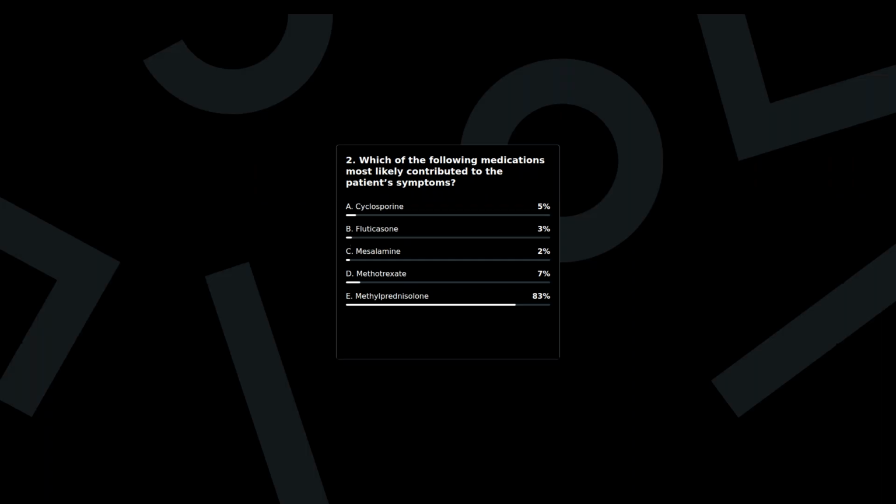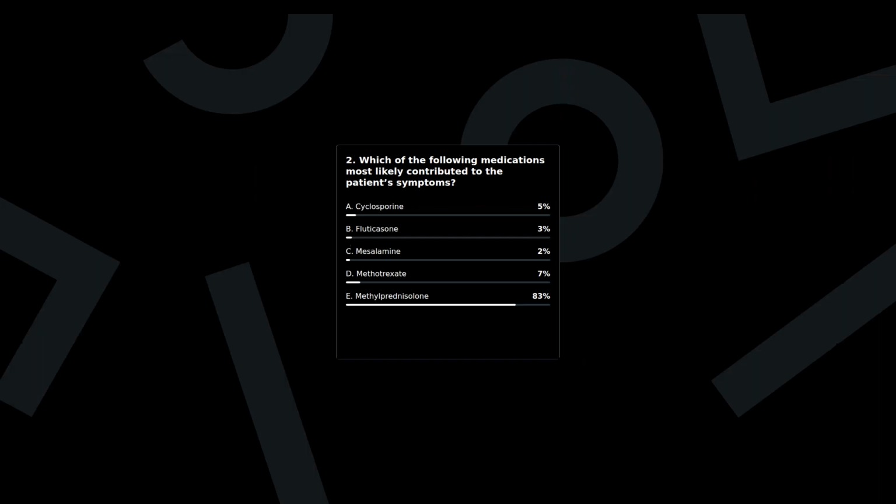Okay, so I might be overestimating this, but I'm not sure if we've had an answer choice that has drawn that high a percentage. Methylprednisolone here got 83% of the votes.